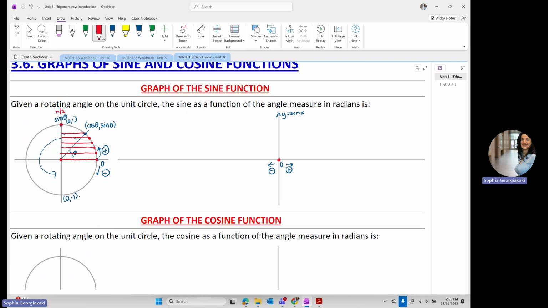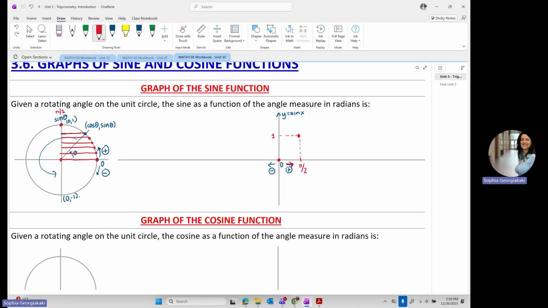And at that point, the sine is equal to 1. So when I go from 0 in the positive direction to pi over 2, my sine will increase, the function will be increasing until at pi over 2, I have a sine equal to 1. So my function will go in that direction when I'm graphing it.